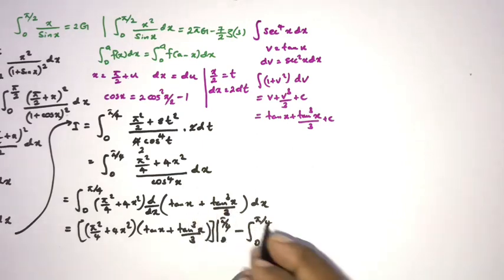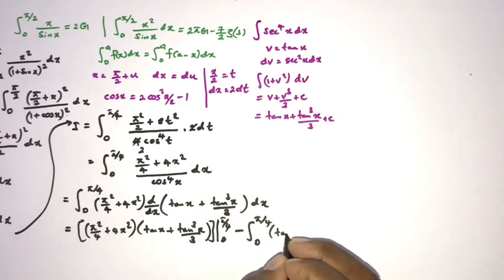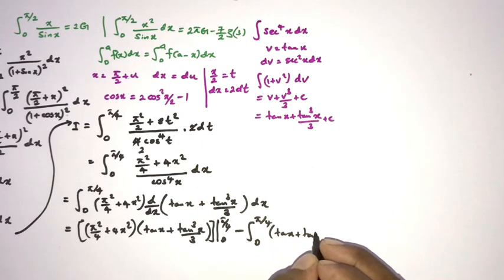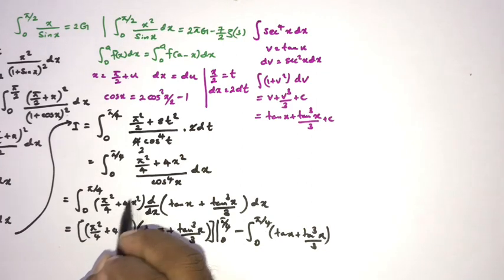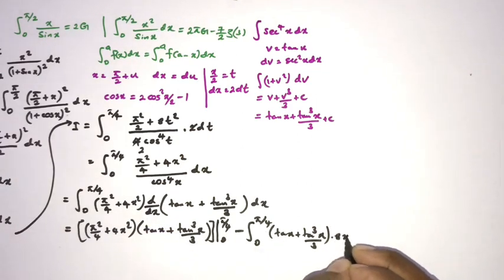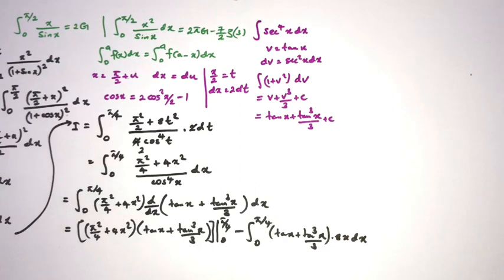Now rewrite this function, so we have tan x plus tan³x over 3, then the derivative of the first function we know is 8x, so 8x dx.